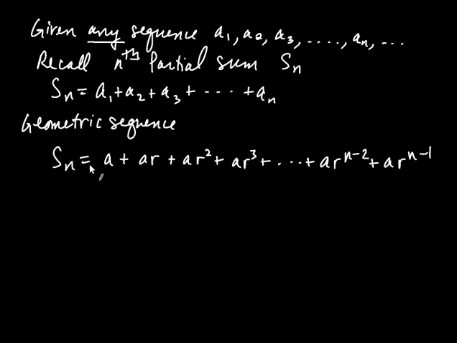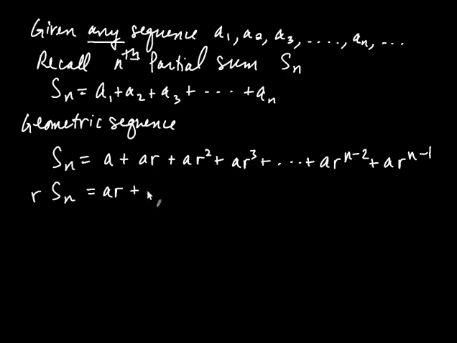Now notice that you can take this partial sum, which is just a sum on the right-hand side, and multiply it by r. So if I take S sub n and multiply it by the common ratio r, I multiply the left by r, and I multiply the right by r as well, distributing the r. So I'm going to get ar, because a times r is ar.